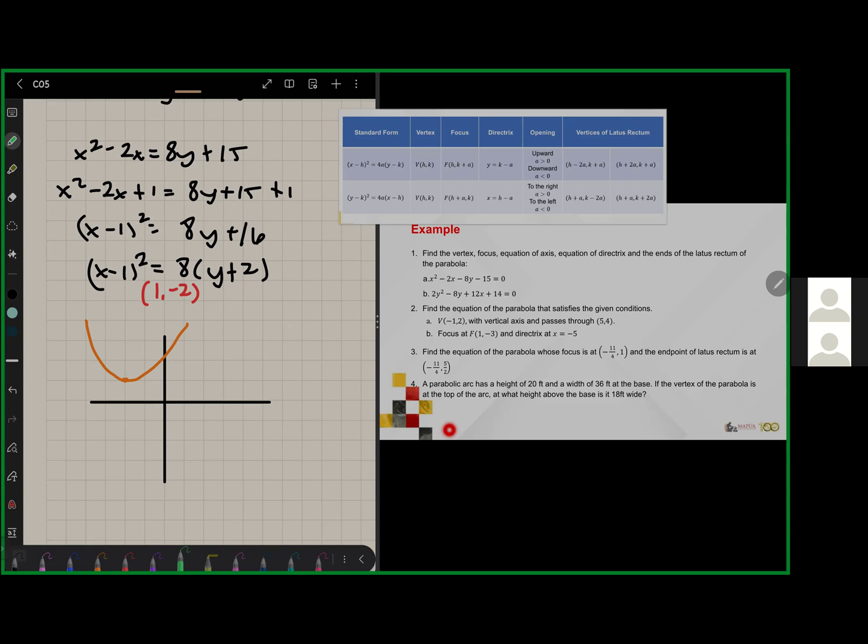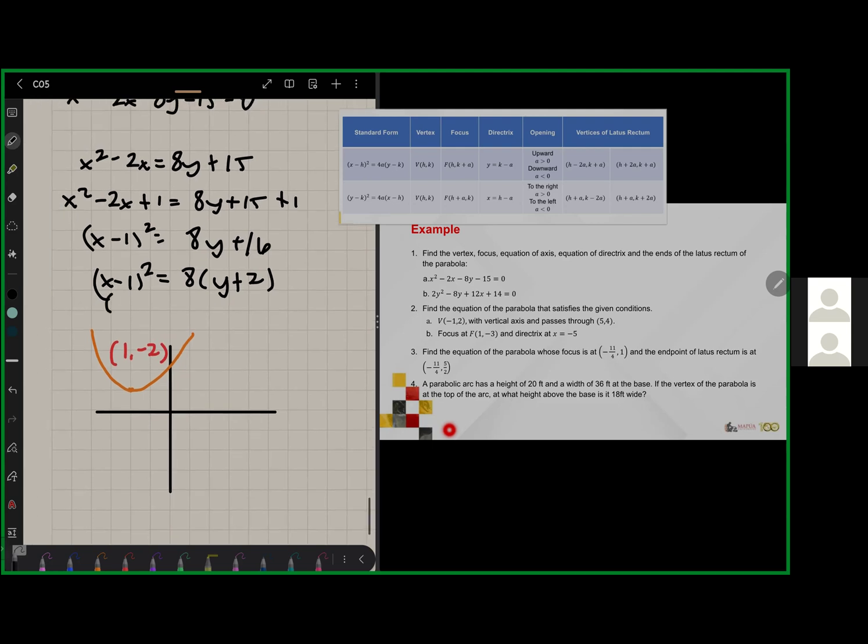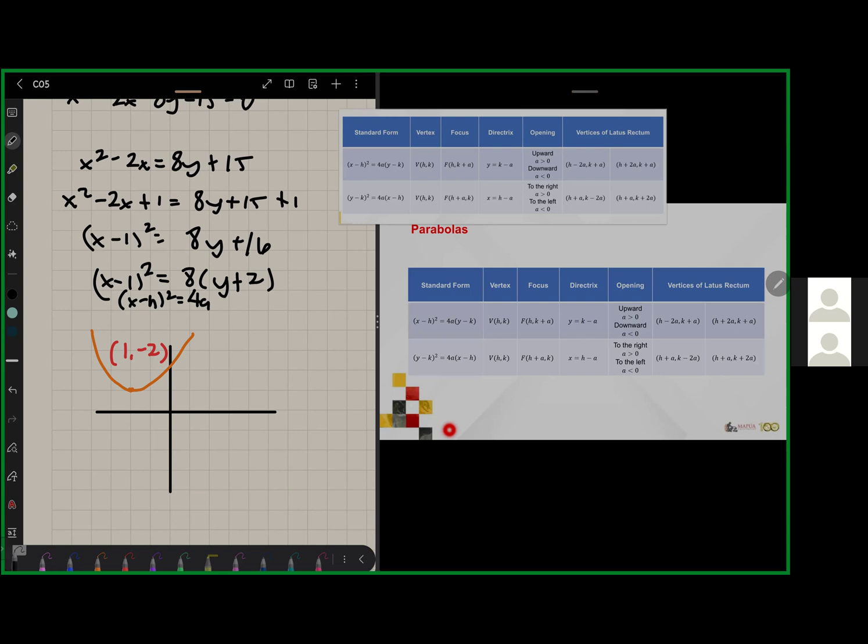Next, we're trying to find the focus. The focus is at a distance from our vertex. We know that 8 here is our 4a. If we write the standard form of our parabola, we have x minus h squared is equal to 4a times y minus k.